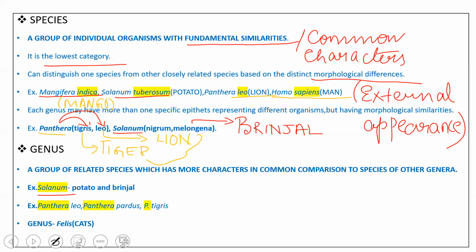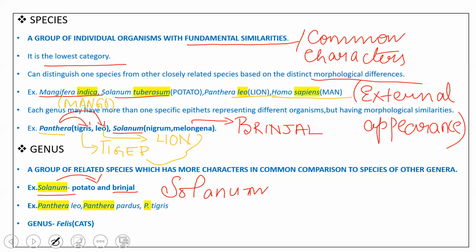Solanum tuberosum is potato, and Solanum melongena is brinjal. They have the same genus name, that is Solanum. Solanum holds good for important species, that is Solanum tuberosum, Solanum nigrum, Solanum melongena. All these have the same genus, Solanum.